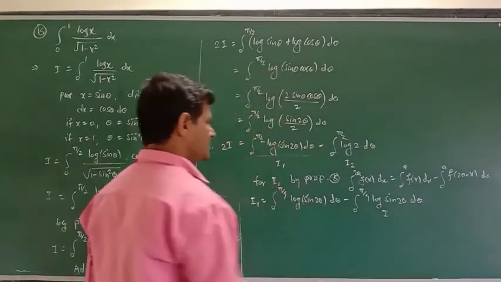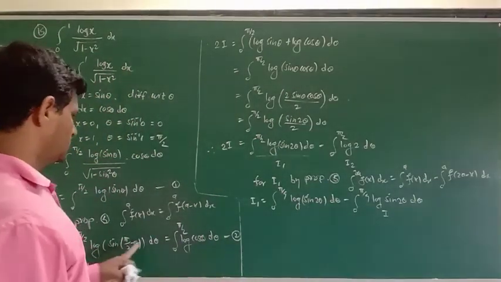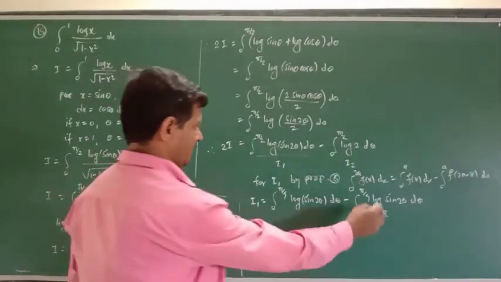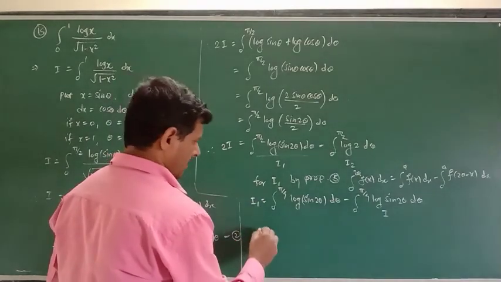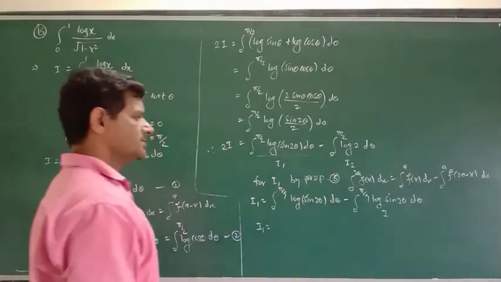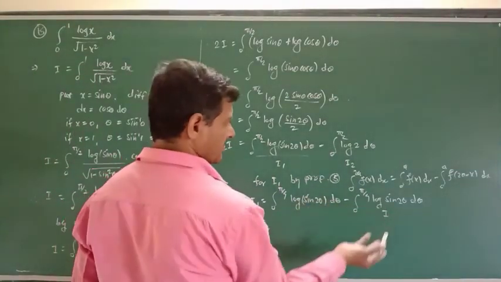Okay, this is the value of the integral of sin 2 theta from 0 to pi by 4. So I1 is equal to the integral from 0 to pi by 4. Both the integrals are the same.